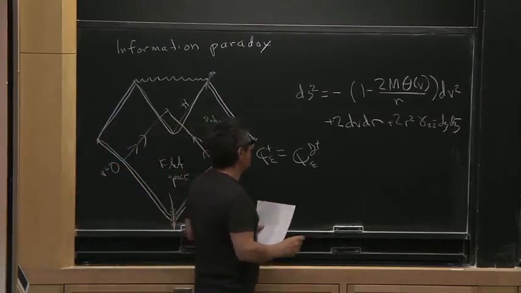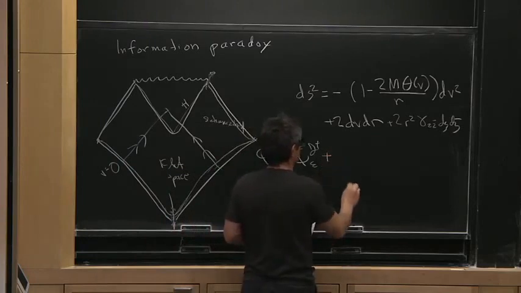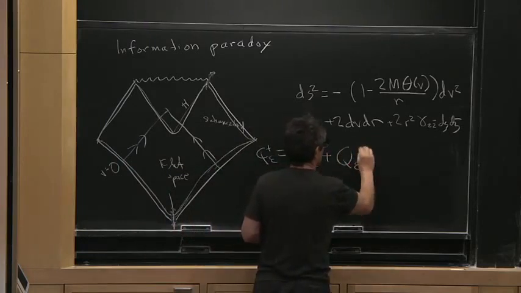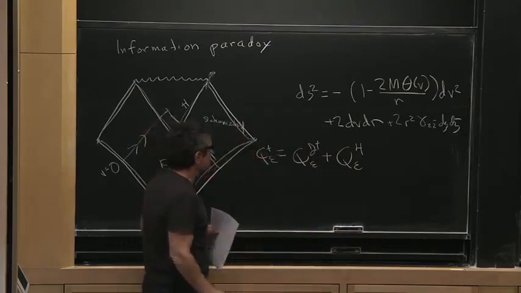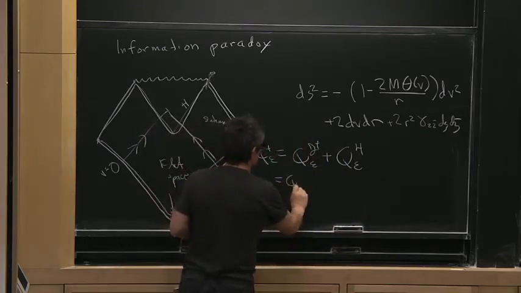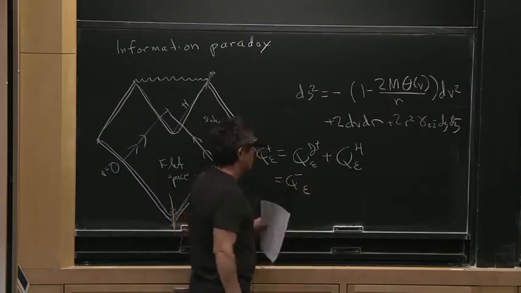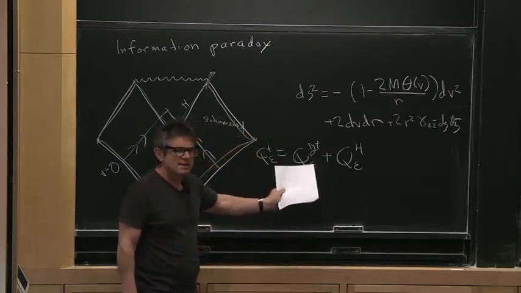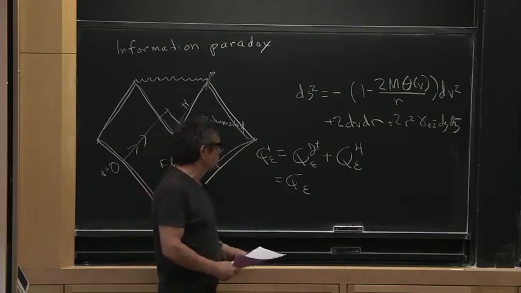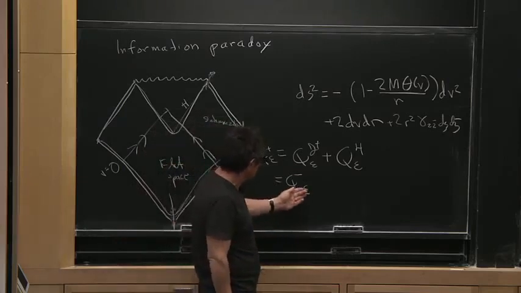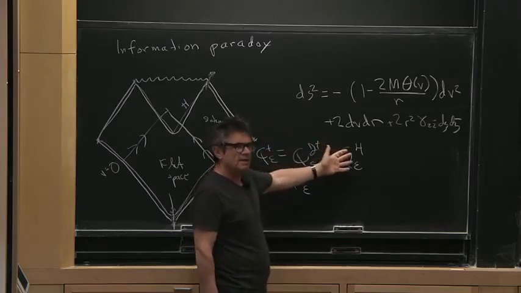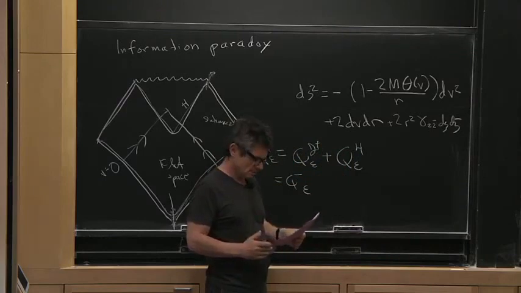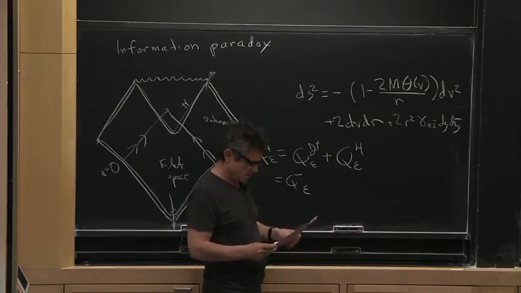So we need to add another term here, plus q epsilon H, and this is going to be equal to q minus epsilon. So already this equation says that the conservation law is just telling you that the large gauge charge has two pieces, one that goes out to null infinity and one that goes into the black hole.